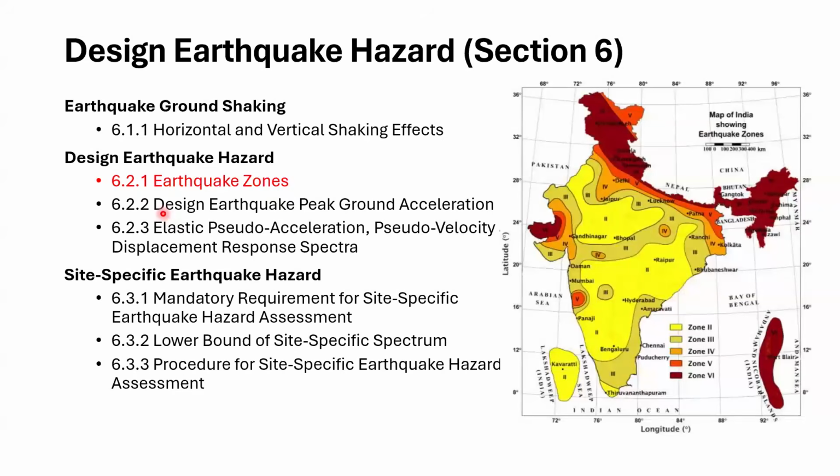And then the design earthquake hazard zones map is the new one, revised from the previous one, and you can see the update. And we have the design earthquake peak ground acceleration and elastic normalized acceleration, velocity, displacement response spectra.